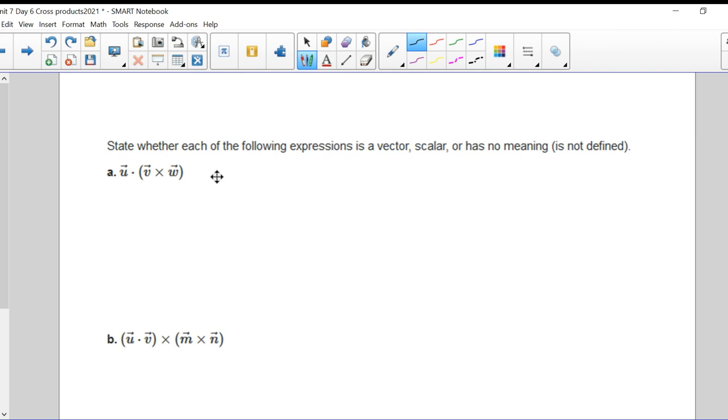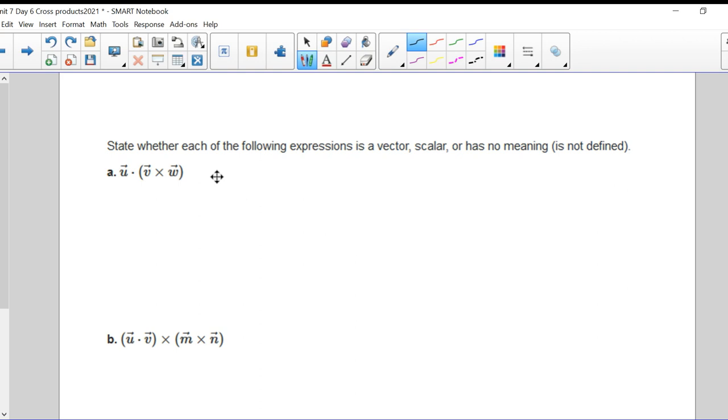All right? So let's think this through very carefully now. What should I get from going through this process? If I took a u vector and dotted it with a v vector times a w vector, am I going to get a vector, a scalar, or neither one?